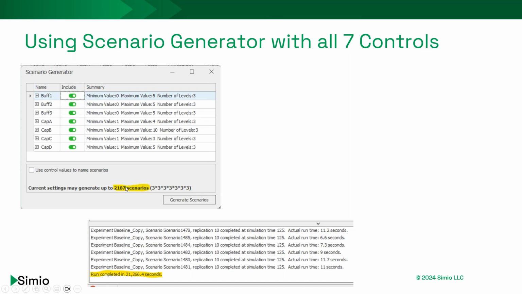And we see here that we are generating up to 2187 scenarios. So again, 3 to the 7th, up to 2187 scenarios. So that is a lot of scenarios that get generated. They have a big space to do.